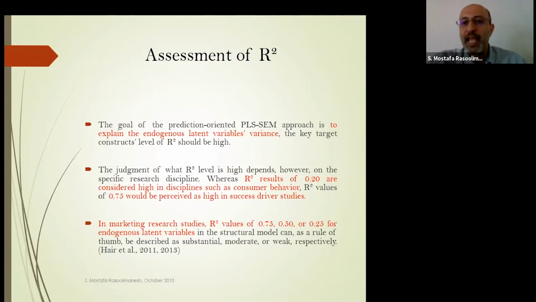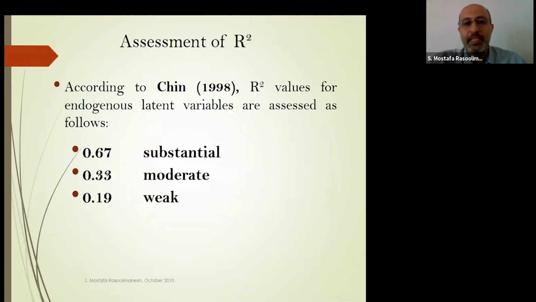Because of that, if you look at the literature, you can see different thresholds for R square. For example, in this study, Chin suggested 0.67 and higher as a large value for R square.